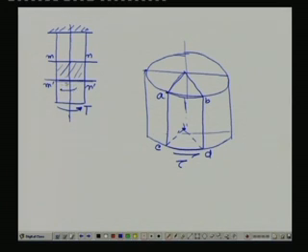So, on this face the torque is in this direction, on the other face it is this direction, and so on.